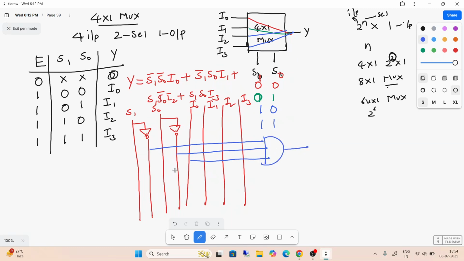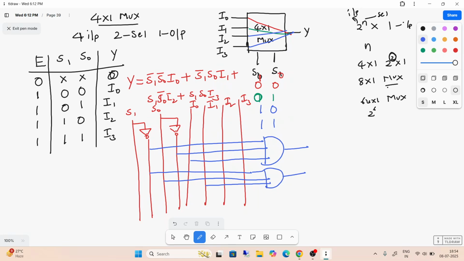Next, S1 bar, S0, and I1 are connected with an AND gate.